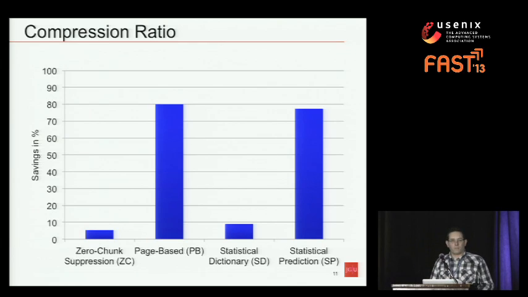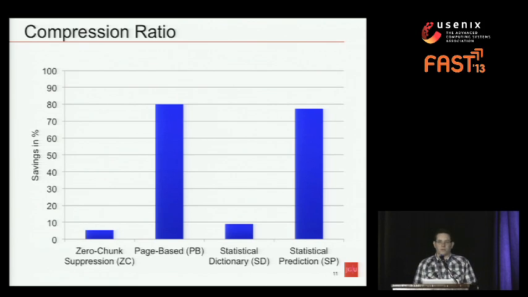The statistical dictionary approach, using the probability of the chunks, is able to remove 9.6% of the data, and we have been quite disappointed by this. If you think about that, 5% can be removed by the zero chunk suppression. All this additional overhead with the in-memory chunk index and in-memory reverse index is only adding 4.6%.